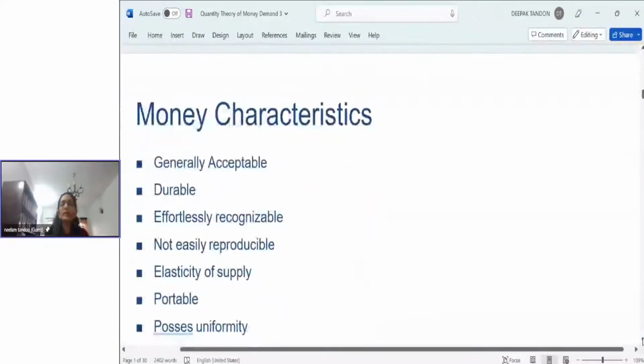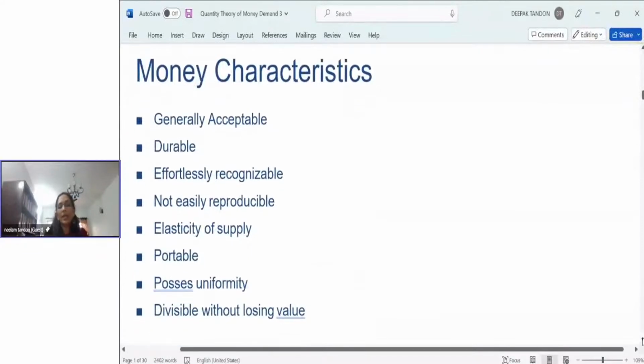Then what are the basic characteristics of money? Money, as we know, is the most preferred way of acceptance by people. If you say that I'll pay you in terms of gold tomorrow, people may be hesitant because gold prices may change. You say that I'll pay you in any other commodity, people may be hesitant, but money is acceptable. Money is durable.